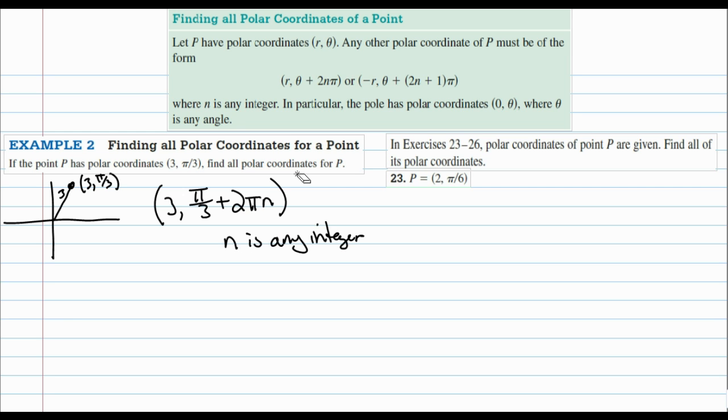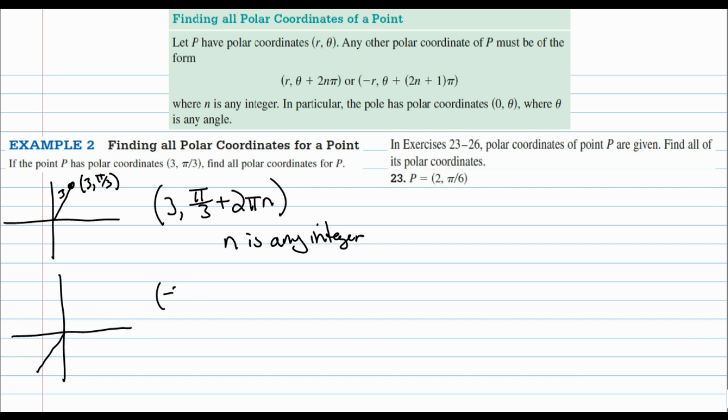But that hasn't covered all of the polar coordinates that have that same location as (3, pi over 3). What about when the terminal ray ends up in quadrant 3? We could create a negative r value and it would still end up in the same spot. So for example, if I had theta, which was, let's see, pi over 3 plus pi.